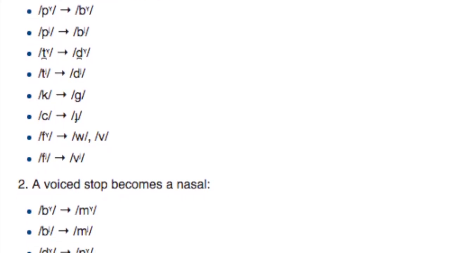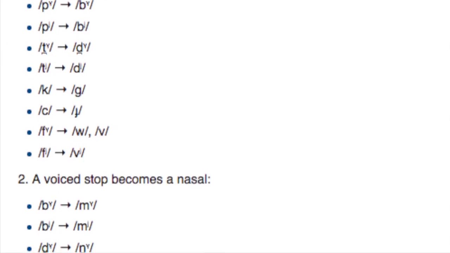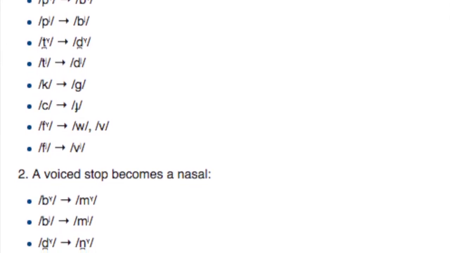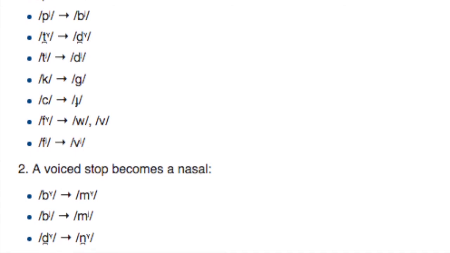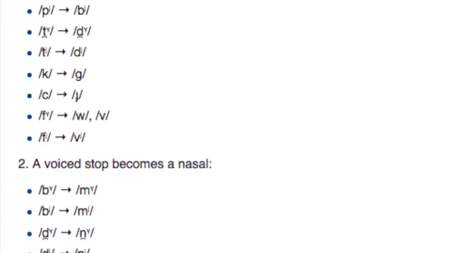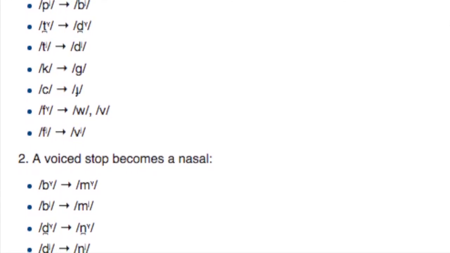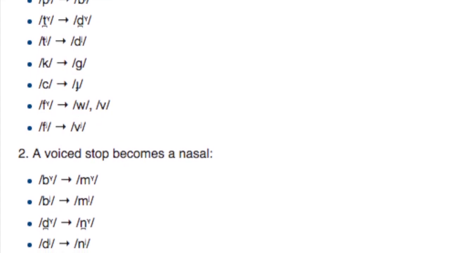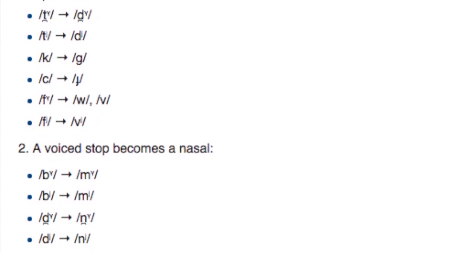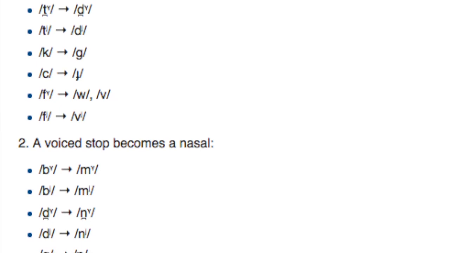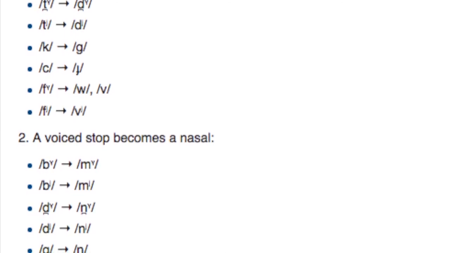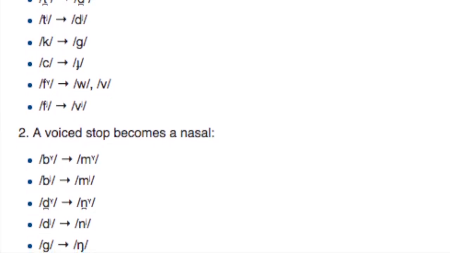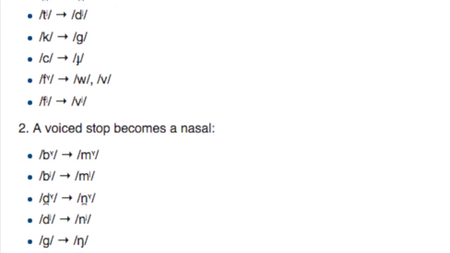So for example, p sounds, which are unvoiced, you can see that you just use your mouth, change to b sounds, which are voiced. T sounds change to d, which is voiced, and the same with k, changing to g. There are very similar sounds. As you can see, the difference is it goes from unvoiced to voiced.